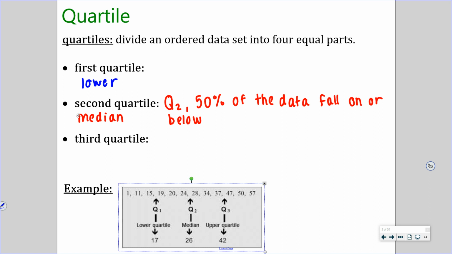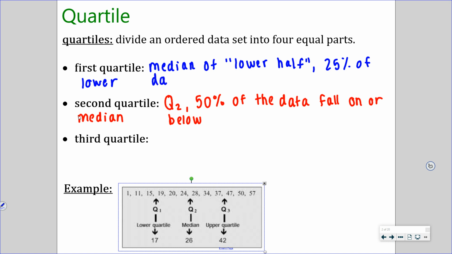So it's basically the median of the lower half of my data. That means that 25% of my data lies on or below the first quartile.